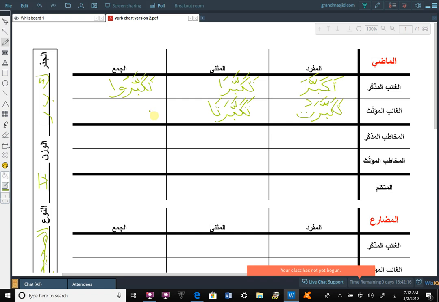Takabbarna. Sorry, I went to the present tense in my head. Takabbarna. You want to make it first person? We add the ta il fa'il. Takabbarta. Anta takabbarta.